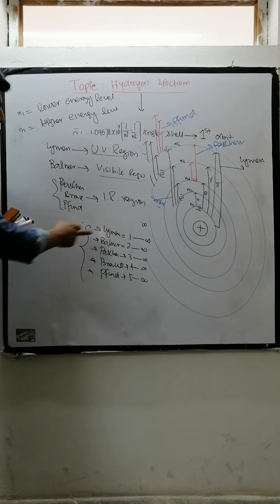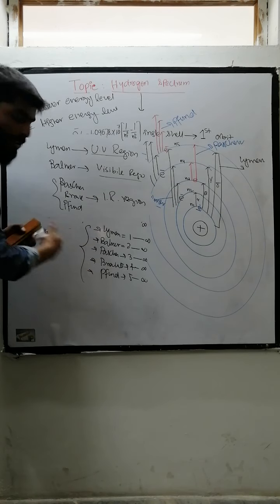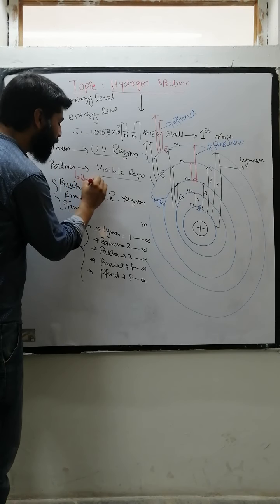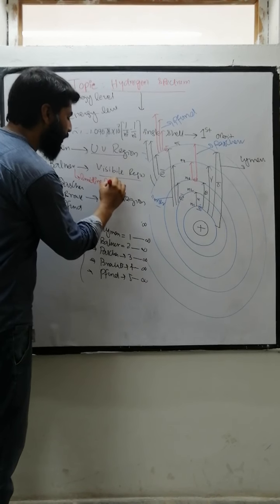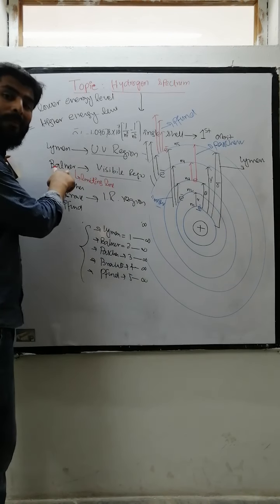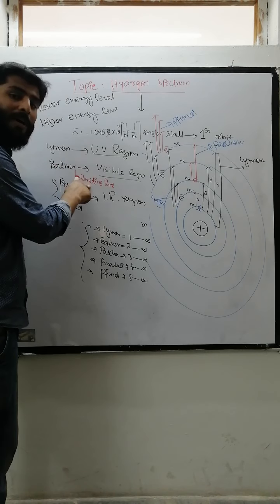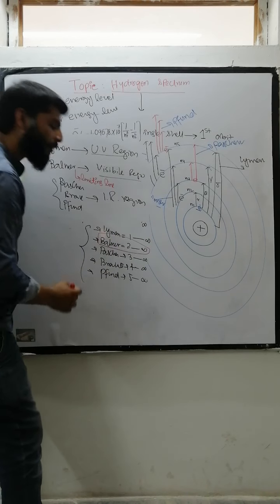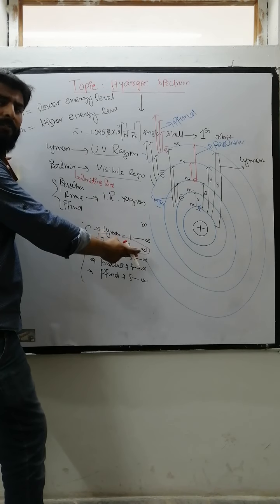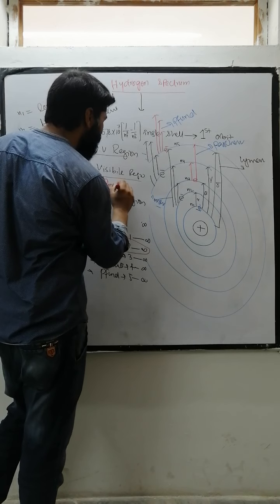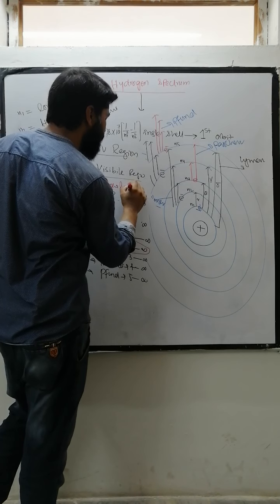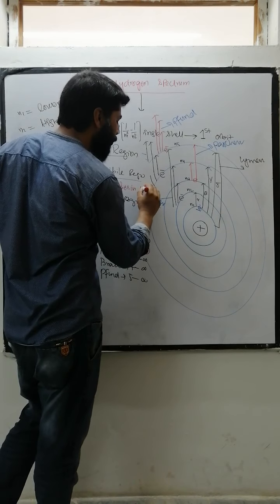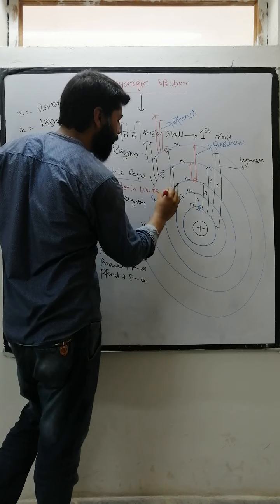But we have discussed limiting lines, so there is another concept: the limiting line of the Balmer series means the transition between n2 and infinity, and this limiting line lies in the UV region.